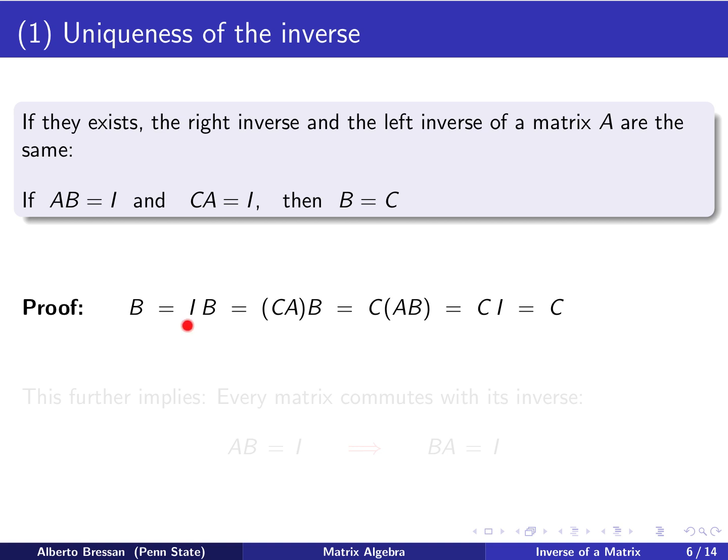So B equals I times B. And now the identity matrix I here can also be written as C times A, because that's what we assumed, right? So let's put here C times A times B.